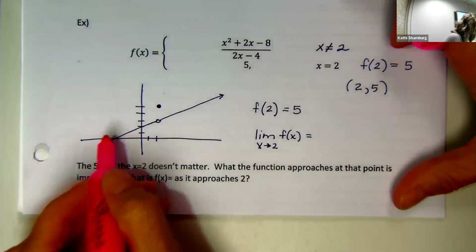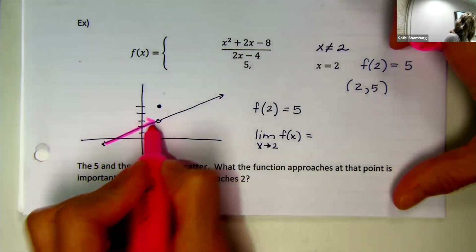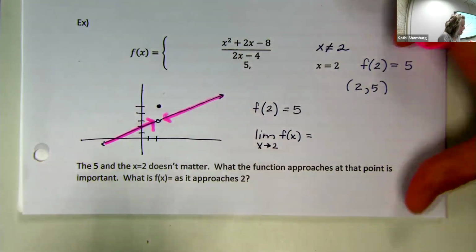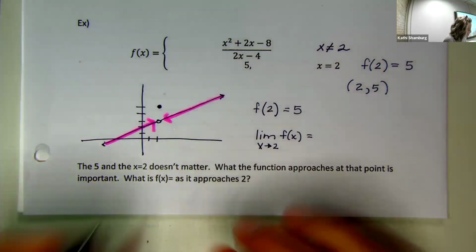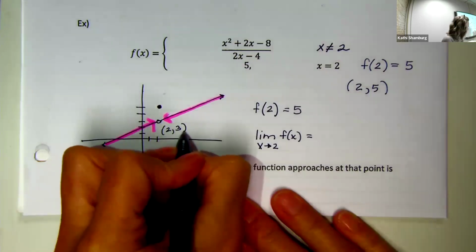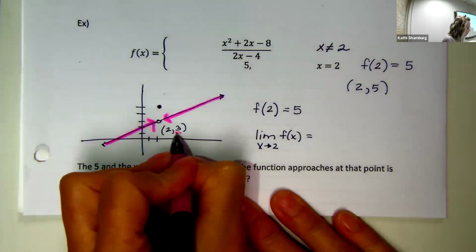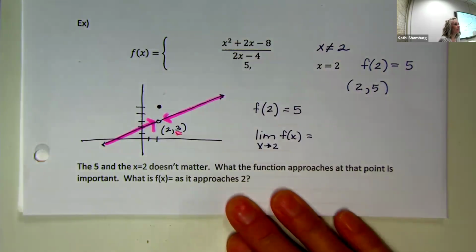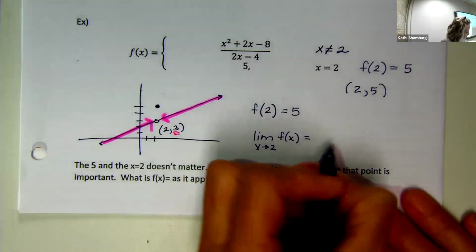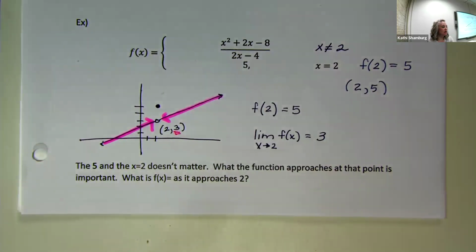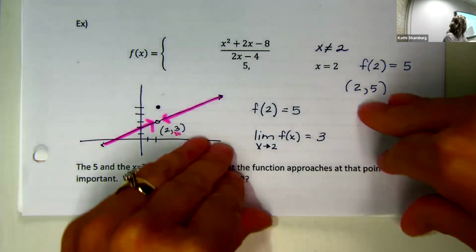So as this approaches 2 from the left, and the X coordinate 2 from the right, what is the output? This is the ordered pair 2, 3. What output are they both approaching? 3. Notice they have 2 completely different answers. That is probably one of the struggles my students have until they get used to this terminology and what a limit is as opposed. So just be careful of that.